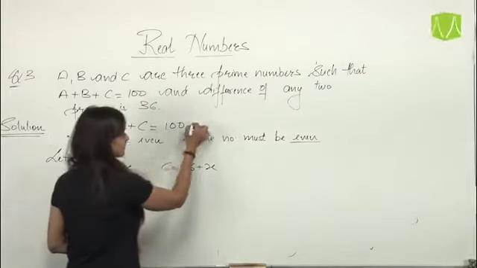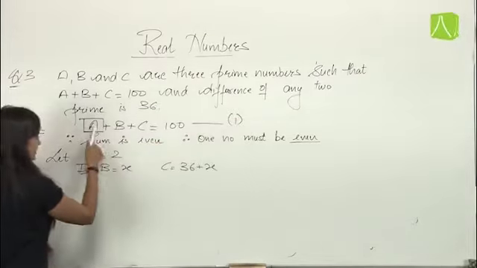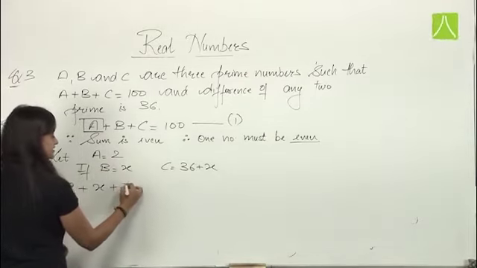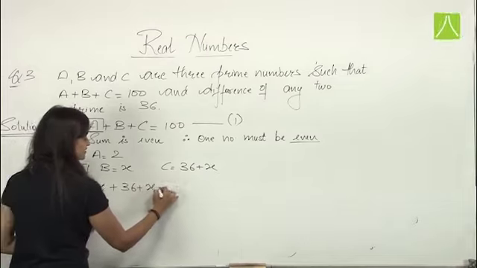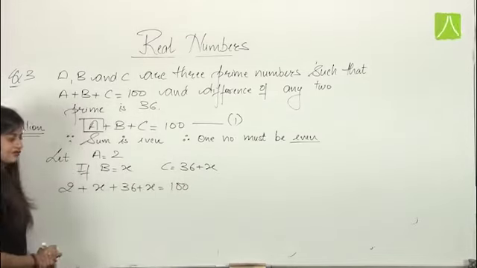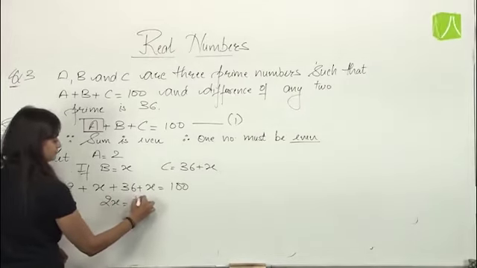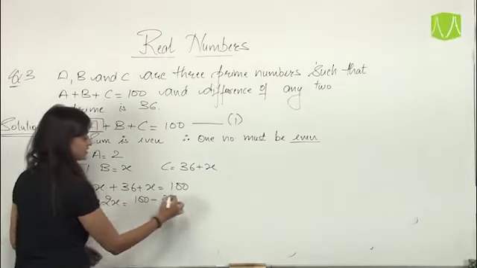Put in equation number 1: 2 plus x plus 36 plus x gives 100.